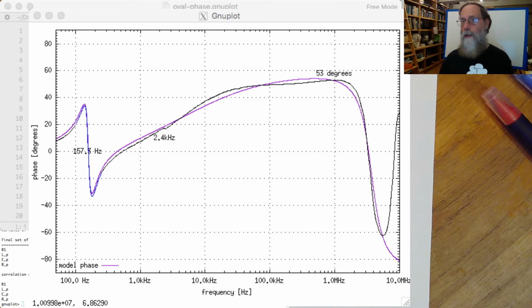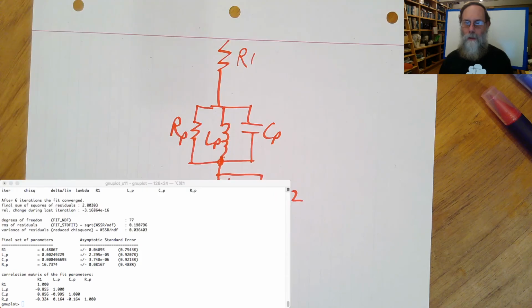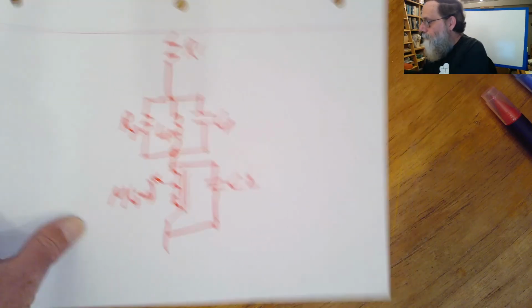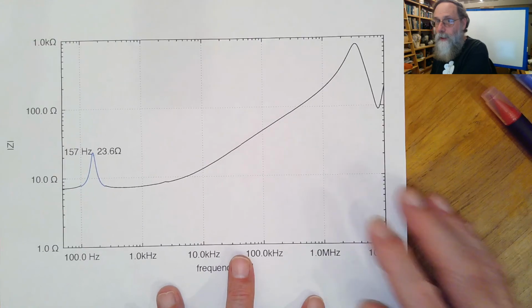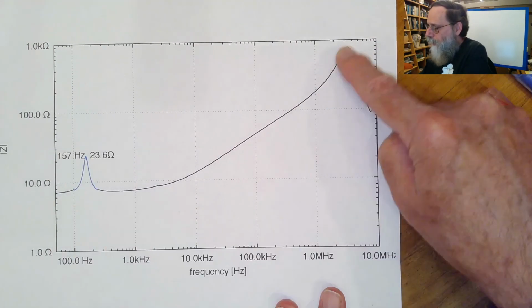Actually, it might be worthwhile to take a look at a model that does include some extra parameters to try and handle that high frequency glitch. So let's go back to looking at not this model, but the curve again here, and we've pretty much fit everything up to this point.